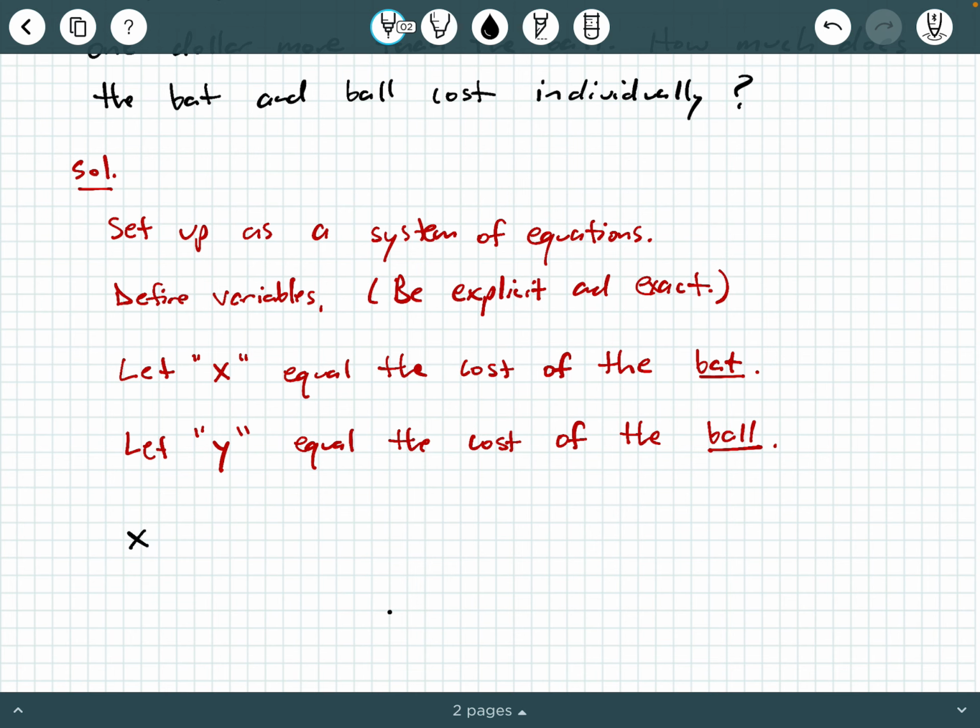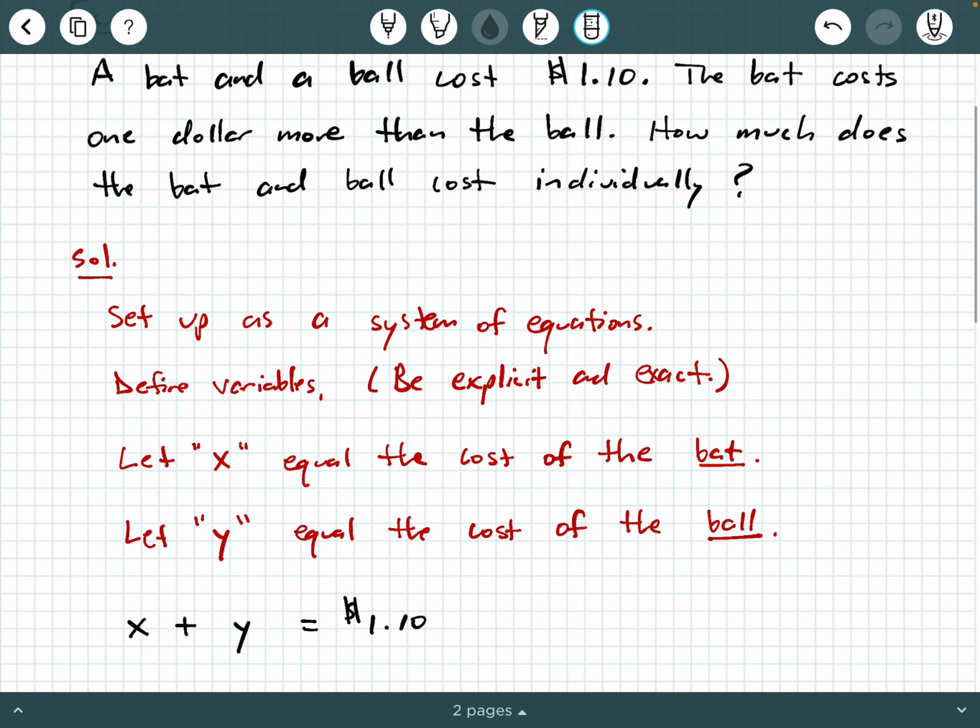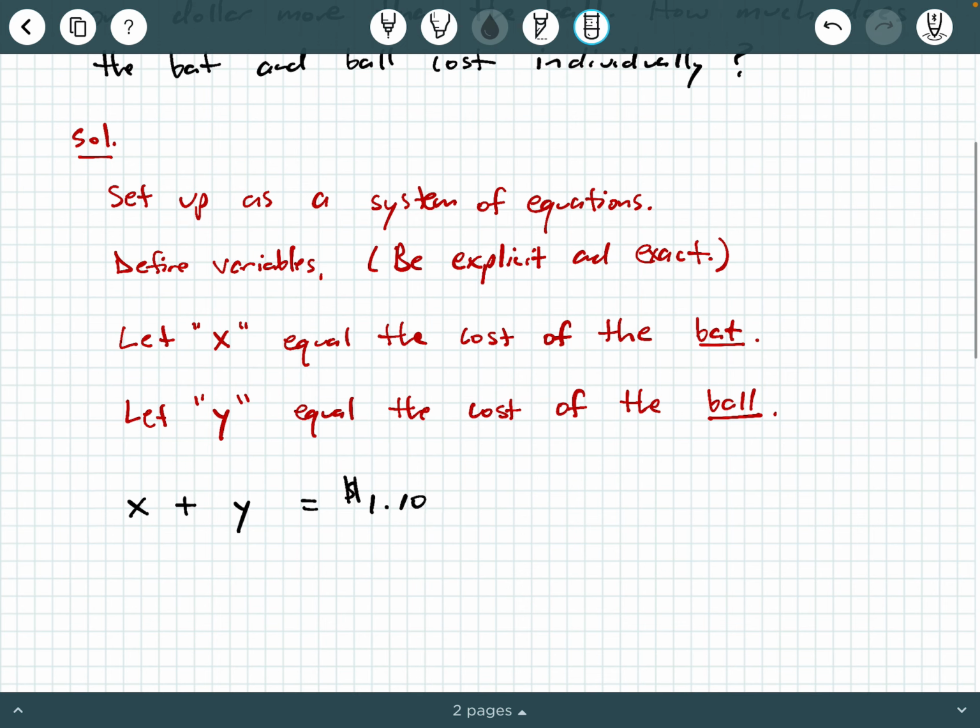So we're going to say x plus y equals $1.10, right? Isn't that what this first sentence is saying? The bat and the ball together cost $1.10. Well, we just said let x be the cost of the bat and let y be the cost of the ball.